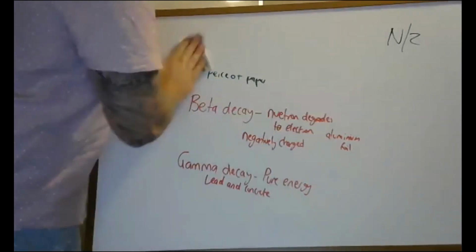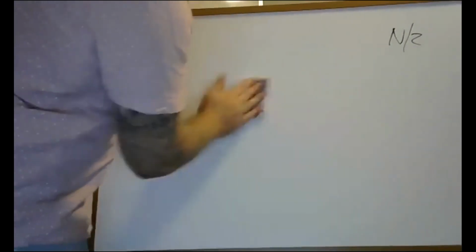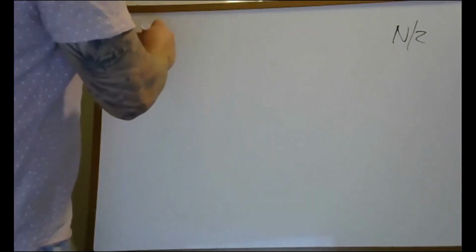So they're releasing these kinds of radiation so they can go back to a stable isotope.